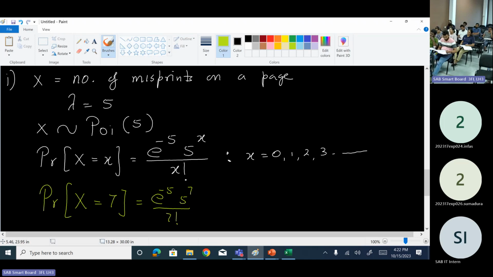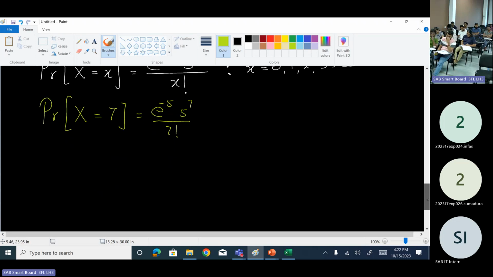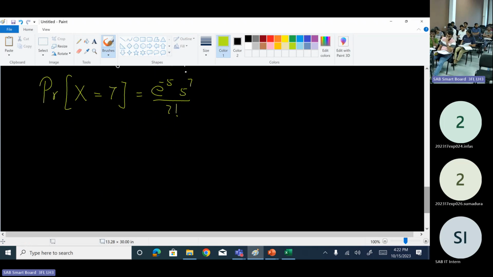For 2 pages? 10. You just double it. Half a page now, make it half. So when that level difference is there, then the entire thing should be done from the beginning. You define the variable, identify the parameter.